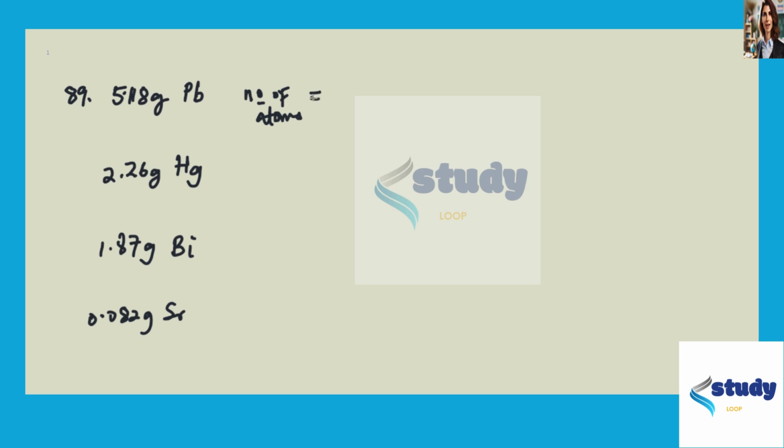So for the first part, number of atoms in 5.18 grams of lead, essentially we have to find what the mole is. So the mole is given by the mass over the molar mass. We take the mass 5.18 grams with the molar mass of lead, which is 207.2 grams per mole. And this is going to give us the mole. So we multiply this by Avogadro's number of 6.023 times 10 to the power 23 atoms per mole.